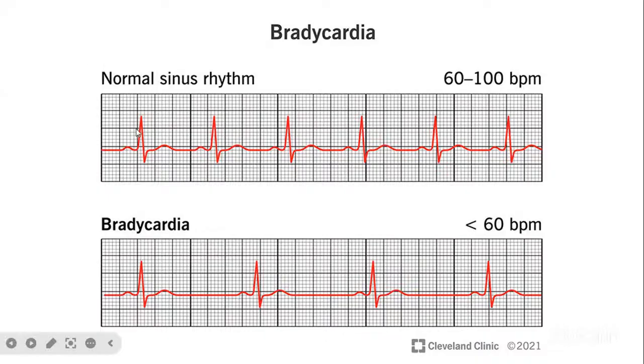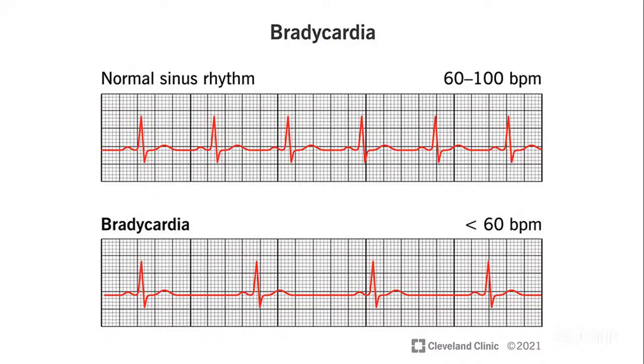If we look at these first two R waves and count briefly, 1, 2, 3, 4, this is not up to 5. Like I said, if it is more than 5, that is a slow heart rate. But if we look at the one below and count 1, 2, 3, 4, 5, 6, 7, this is about 7.